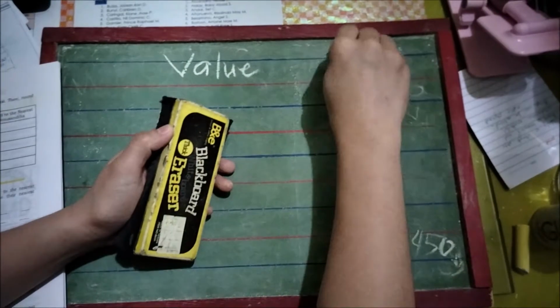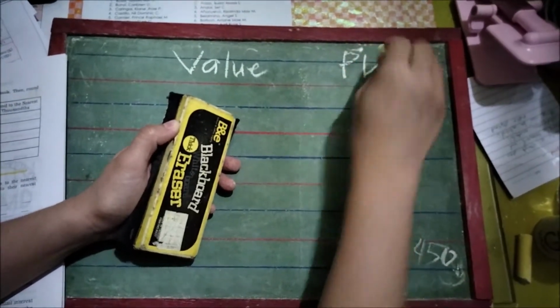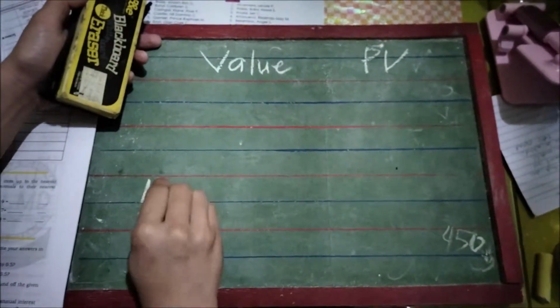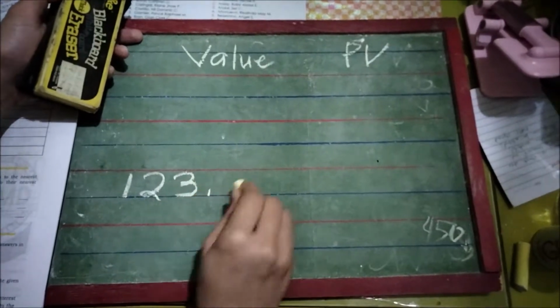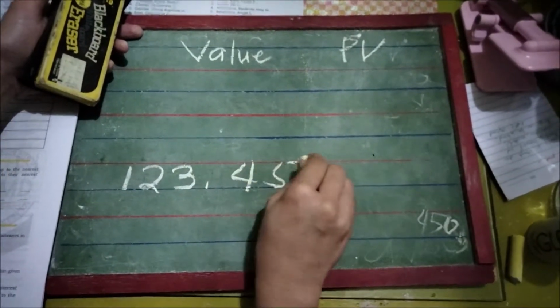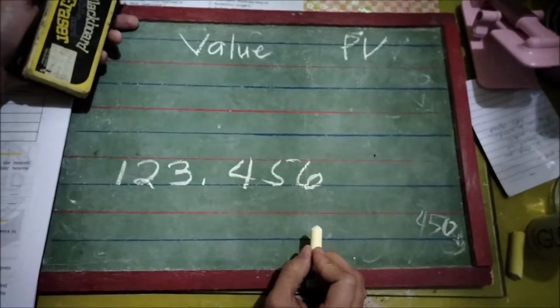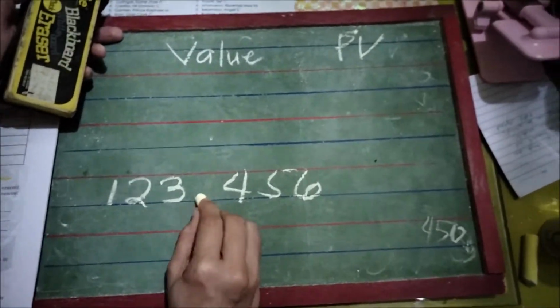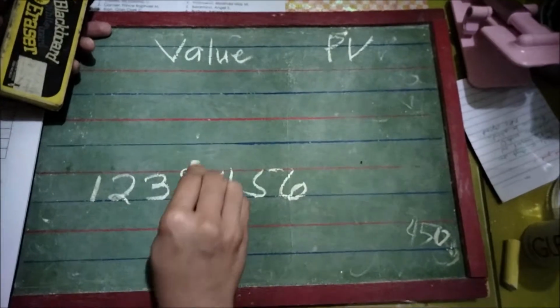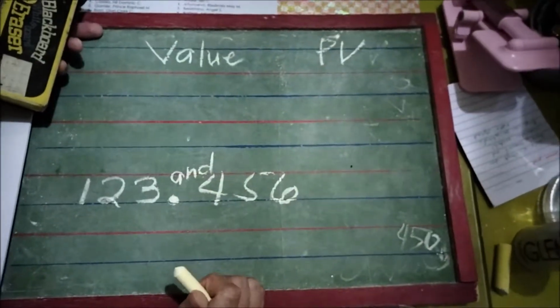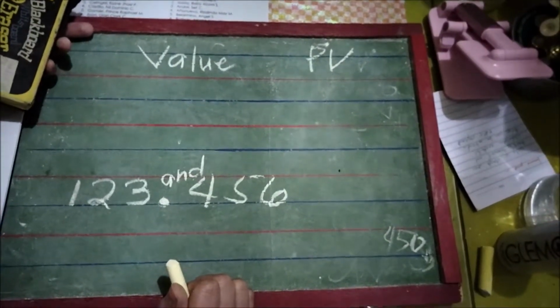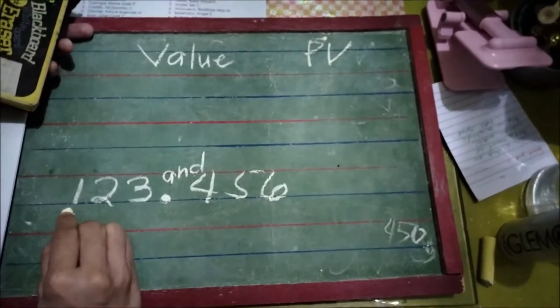I will just use PV for place value. So if my number is 123.456, this will be our decimal point, read as "and."